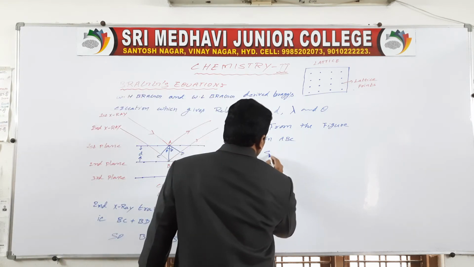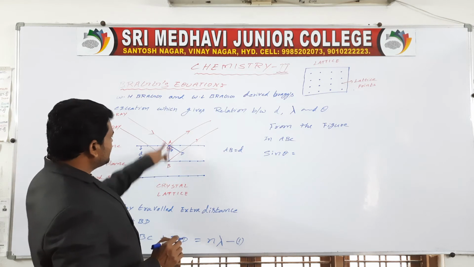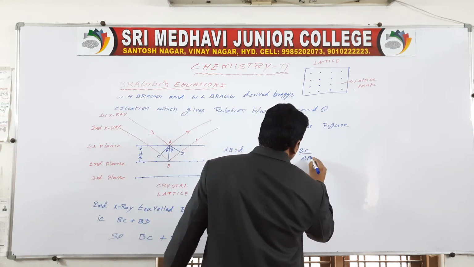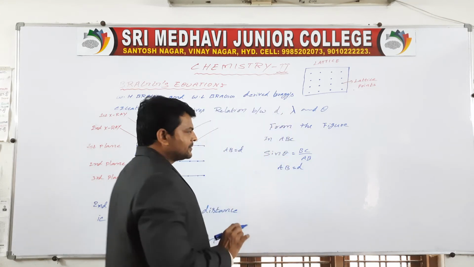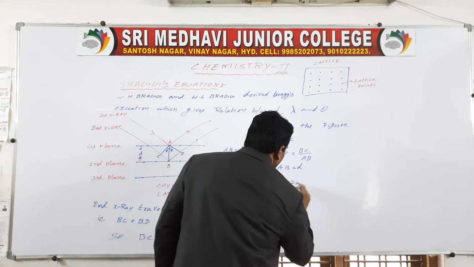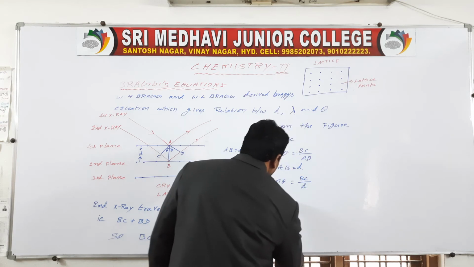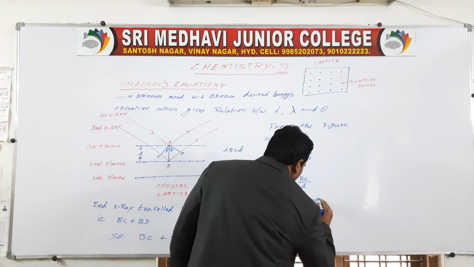Here sin theta is equal to opposite side by hypotenuse, meaning BC by AB. AB equals D, we know. And then sin theta equals BC by D. So BC equals D sin theta. This is equation 2.